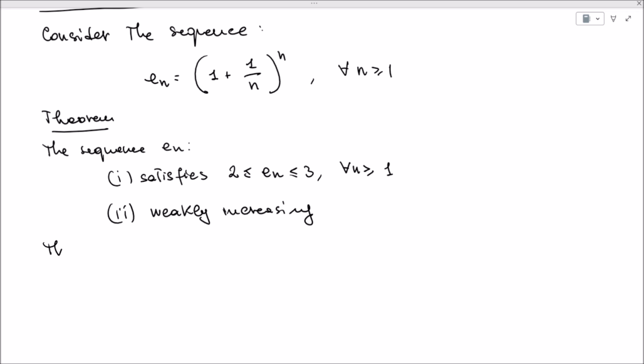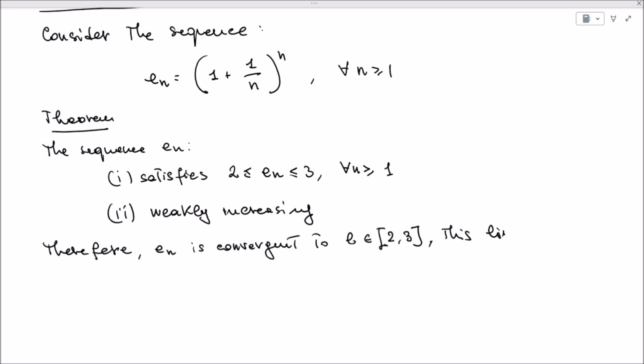So, en is convergent to some limit L in the interval 2, 3, and this limit is Euler's number e, which is 2.718281828, and so on and so forth.